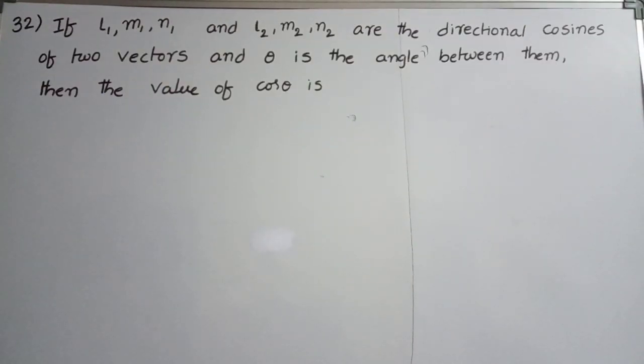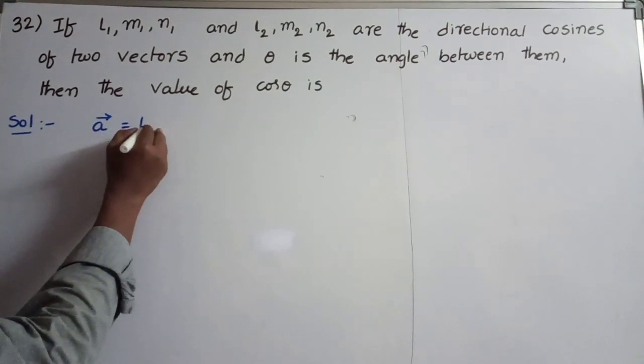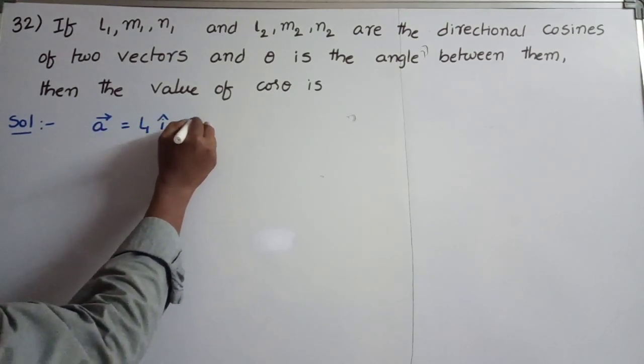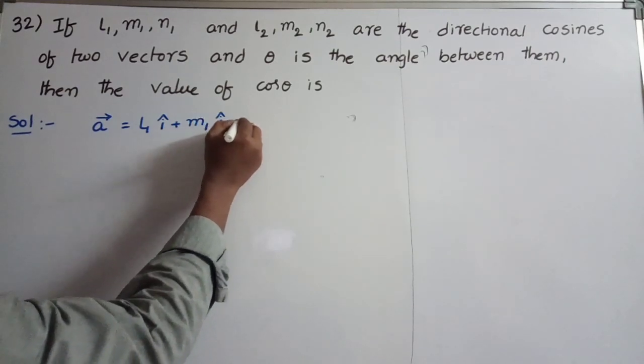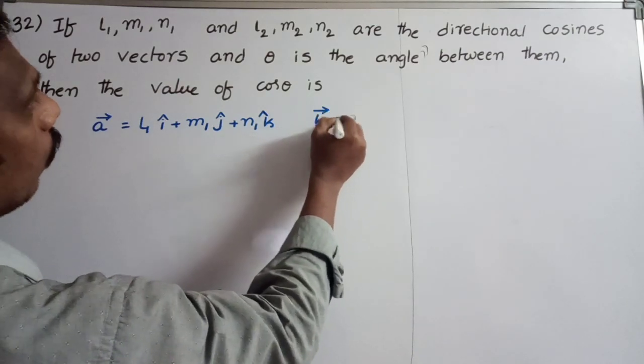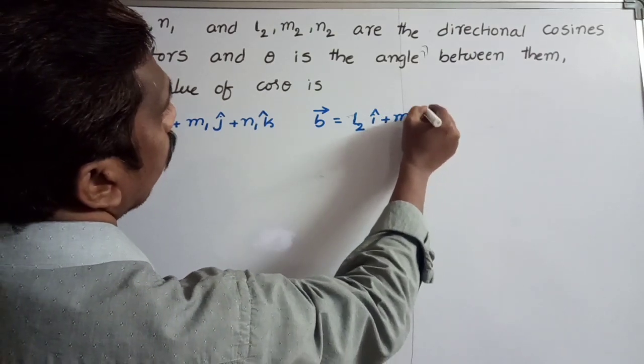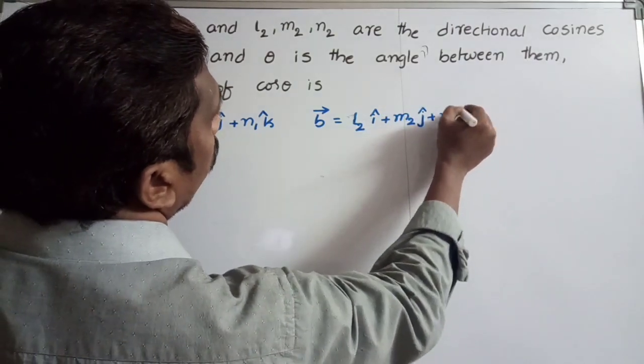Problem number 32. If L1, M1, N1 and L2, M2, N2 are the directional cosines of two vectors and theta is the angle between them, then the value of cos theta is. So assume two vectors, one is A bar that is equal to L1 into i cap plus M1 into j cap plus N1 into k cap. B bar is equal to L2 into i cap plus M2 into j cap plus N2 into k cap.